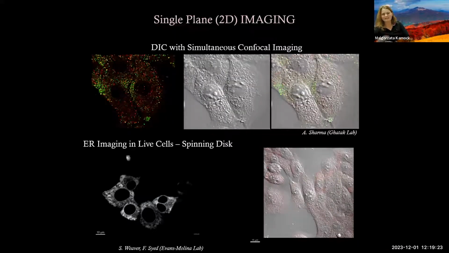And then DIC. So differential interference contrast is a technique which I like very much. The beauty of this technique is that you don't need any labeling to visualize cells. It gives you very nice 3D appearance. But also you can overlay fluorescence confocal image with DIC. So you can collect them simultaneously. And I like this technique very much because it's so important to see the morphology of a cell.